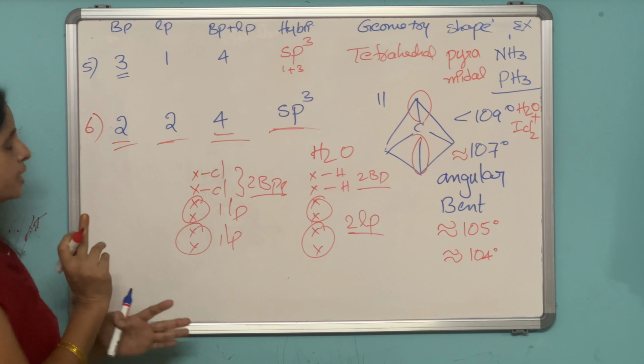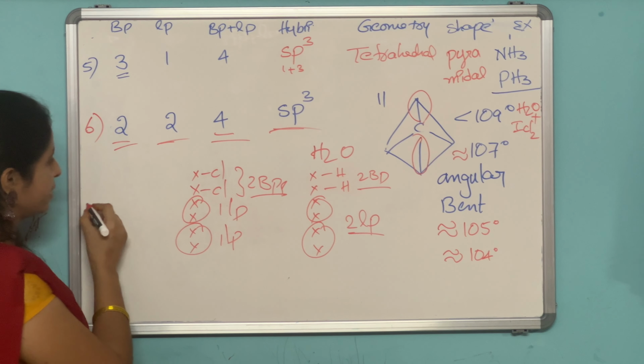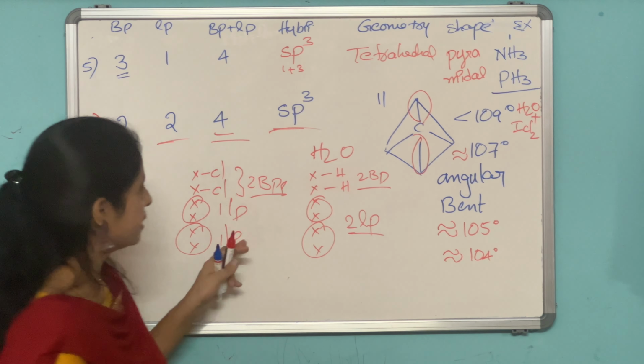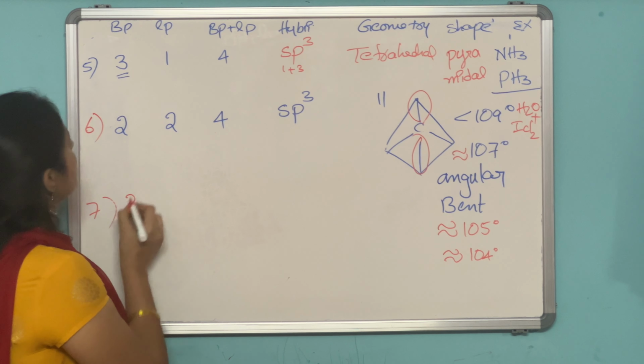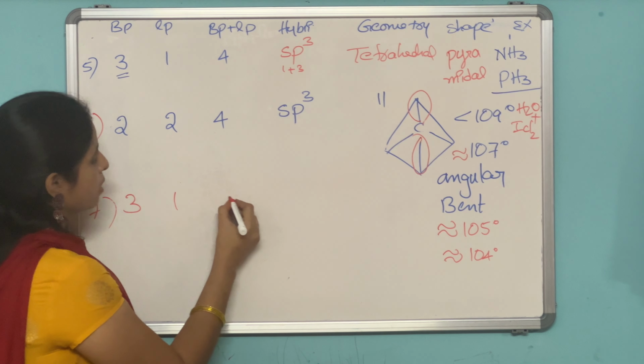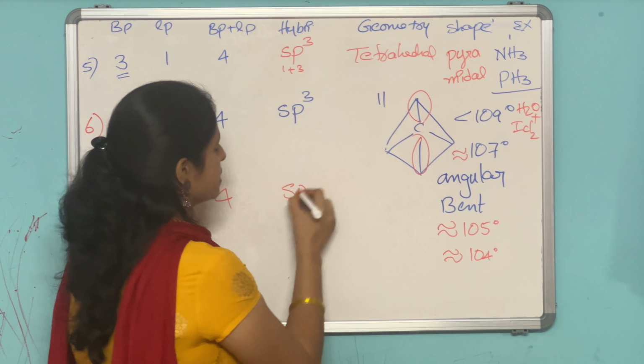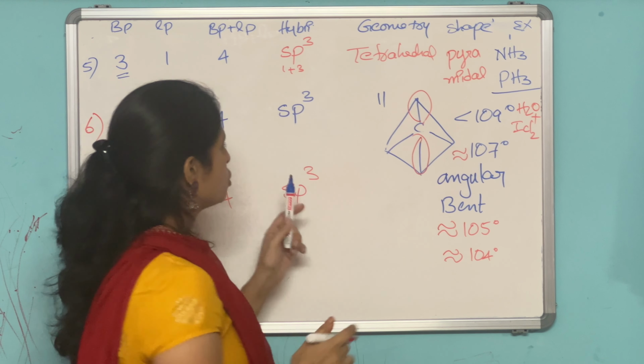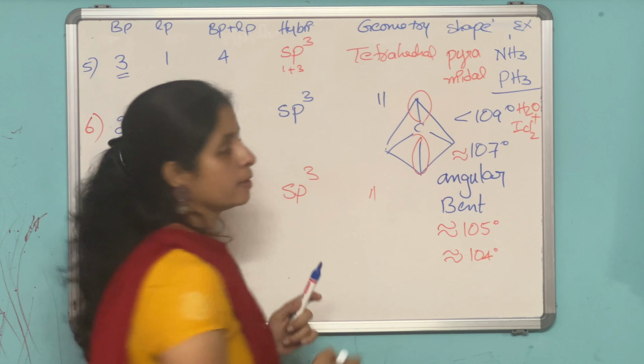Now we are left with another one, the 7th one. If 3 lone pairs, 1 bond pair, altogether 4, and hybridization is sp3. The geometry is tetrahedral.